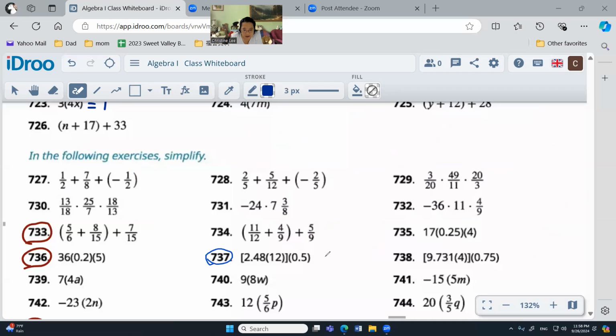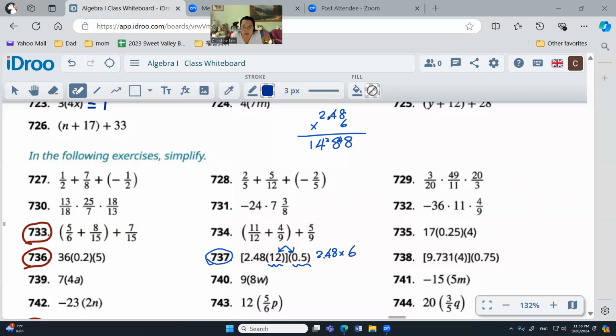And how do we do this? Well, if we multiply these two together, it's probably easier. 12 times 0.5, that's 6. 0.5 is a half. Half of 12 is 6. So then we need to do 2.48 times 6. 4 times 6, 24, 28. 2 times 6, 12, 13, 14.